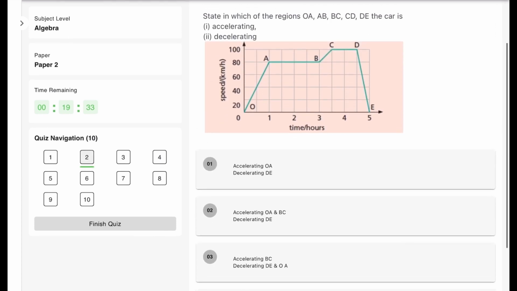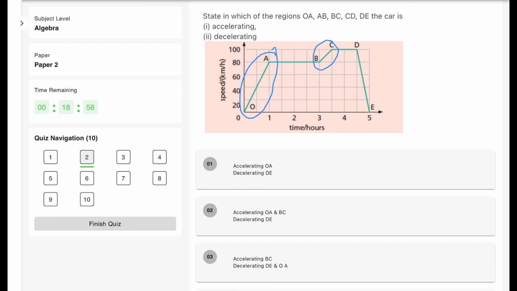All right. State in which of the regions OA, AB, BC, CD, and DE the car is accelerating. Accelerating means there's a change in speed, and your speed needs to be increasing. So it could be either this upward sloping part or this upward sloping part of the curve.